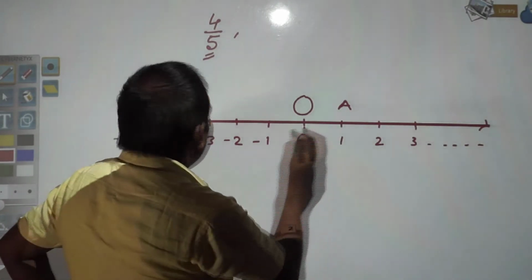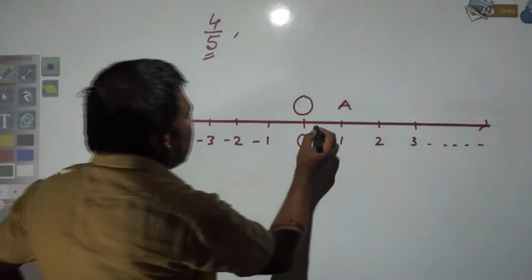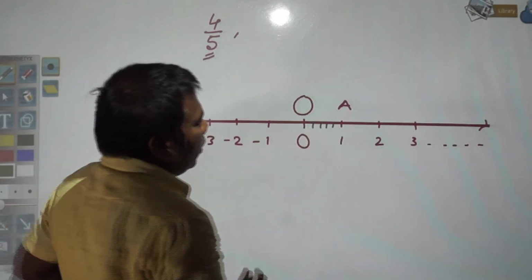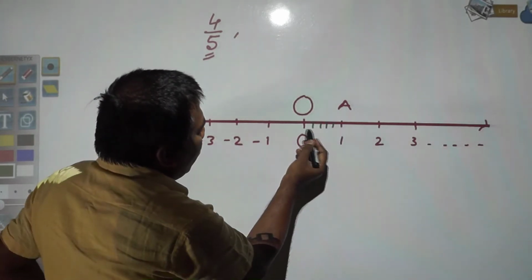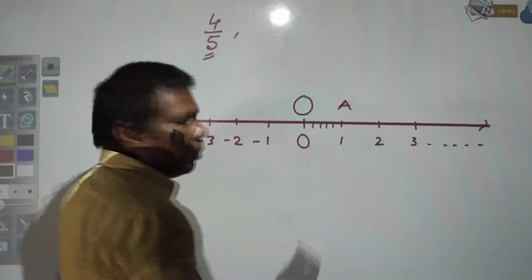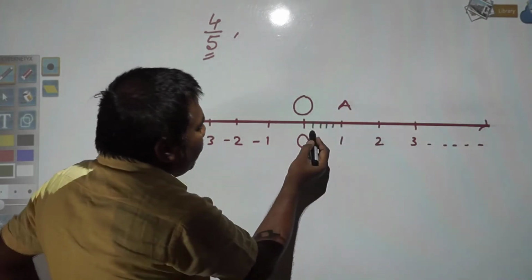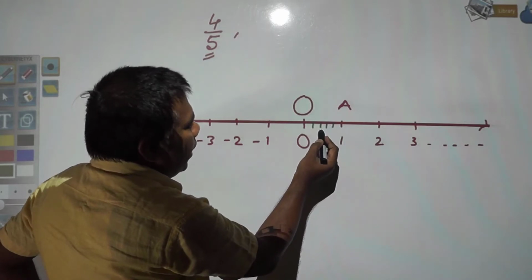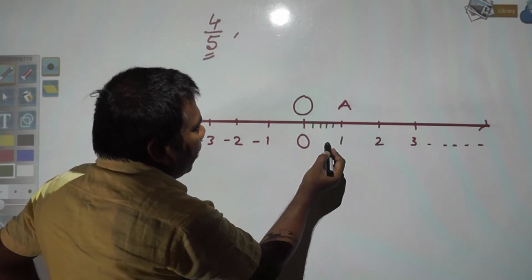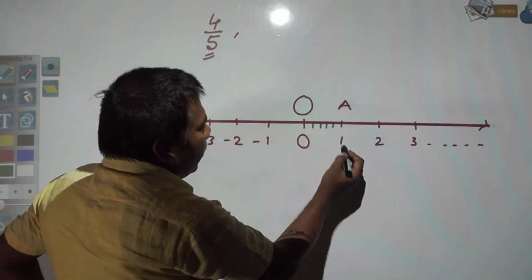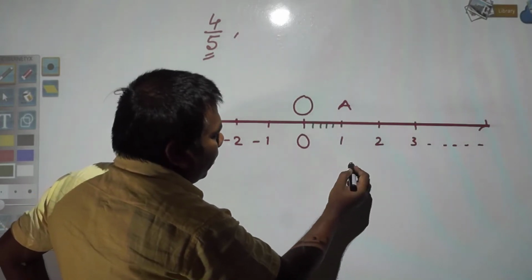So we will divide this: 1, 2, 3, 4, 5 portions you got. Now this first portion will be 1 by 5, second 2 by 5, 3 by 5, fourth one will be 4 by 5, and fifth you will have 5 by 5.